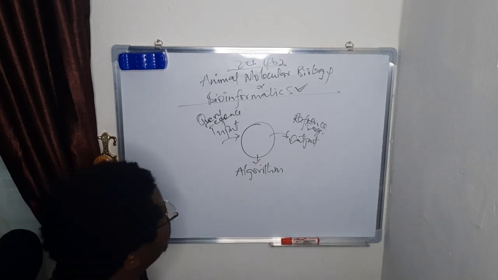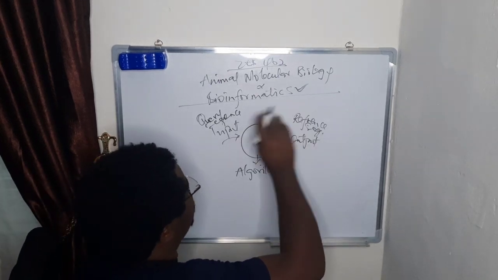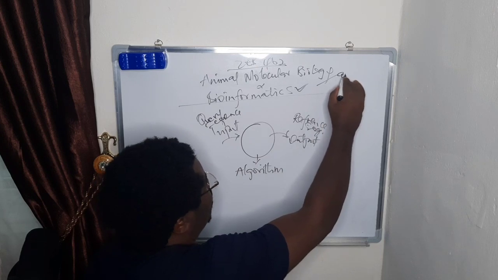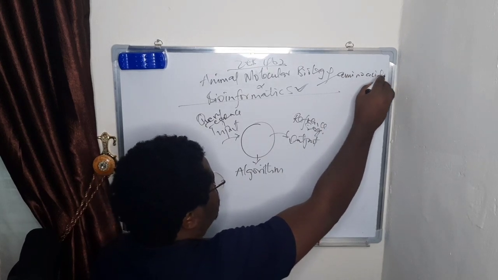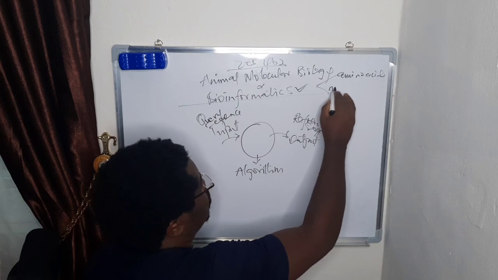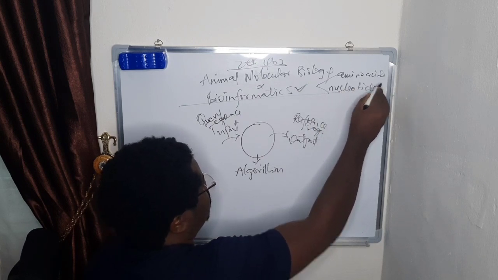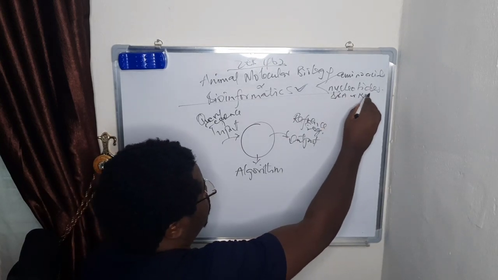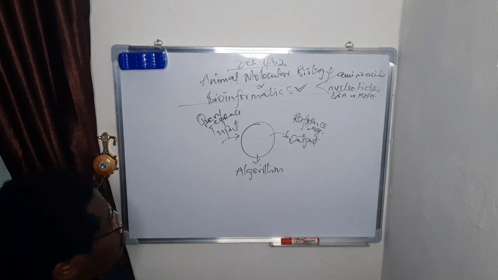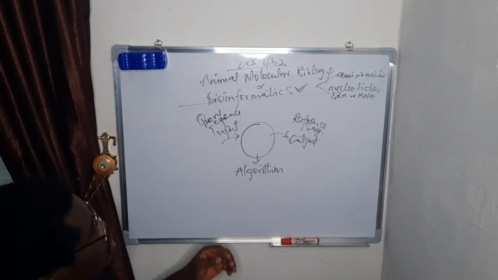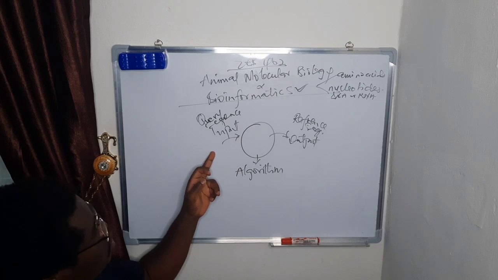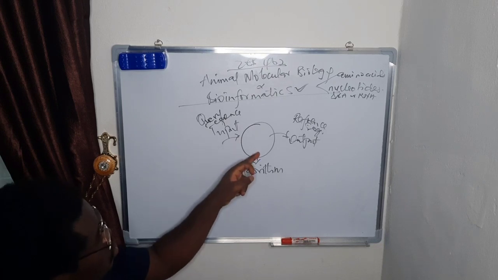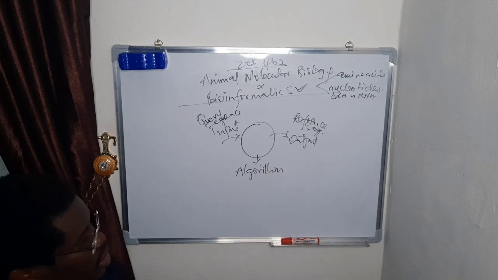For the purpose of this course, when I'm talking about sequence or bioinformatics, we are talking about amino acids and nucleotides, DNA or RNA. So now, what you feed into the algorithm gives you an output. Looking at the case, how do we link it to bioinformatics?